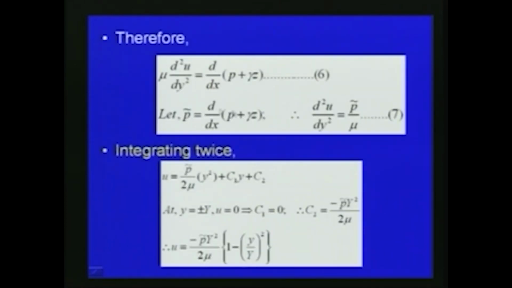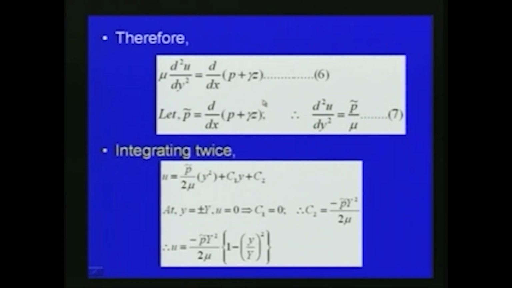Here u is only a function of y, so ∂²u/∂y² can be written as the derivative d²u/dy². Therefore we can write μ d²u/dy² is equal to d/dx of (P plus γZ), and if we put P tilde equal to d/dx of (P plus γZ), we can write d²u/dy² is equal to P tilde by μ, where μ is the coefficient of dynamic viscosity.